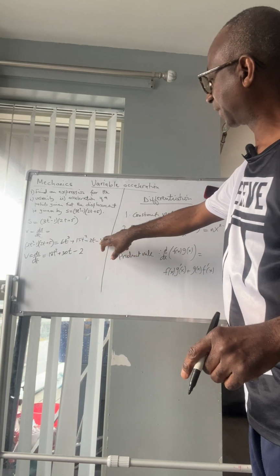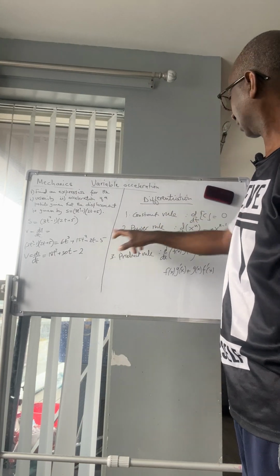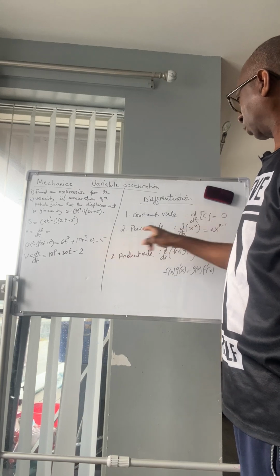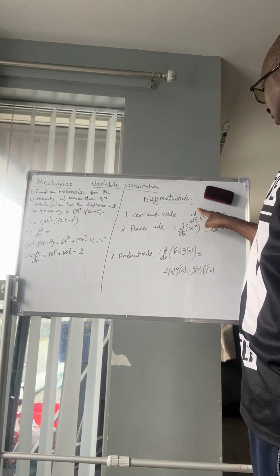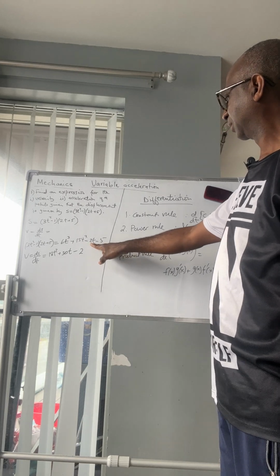And what about the 5? Now you apply the constant rule. When you differentiate a constant, you get 0. So you ignore the 5, because differentiating a constant gives you 0. That's why you don't see the 5 here.